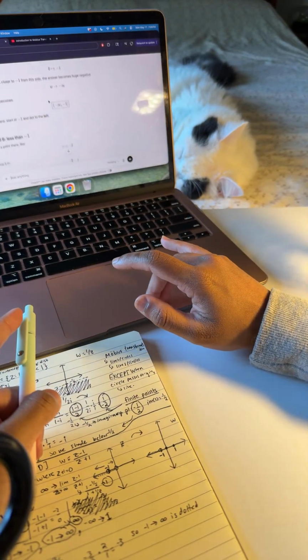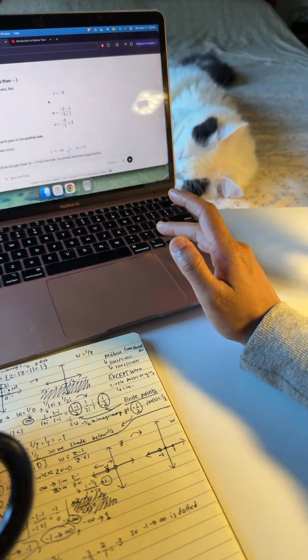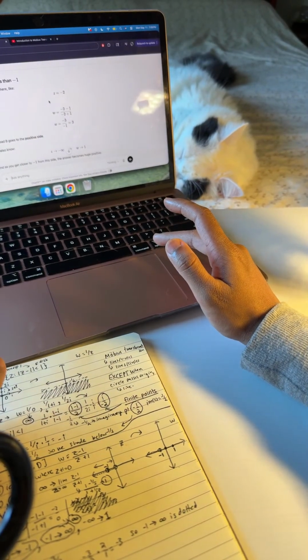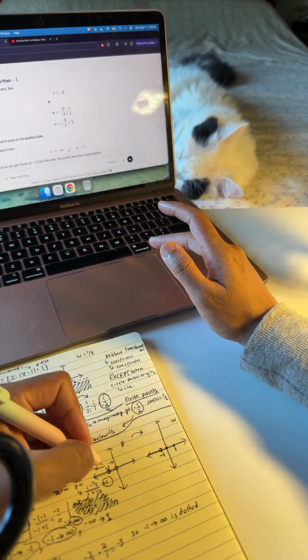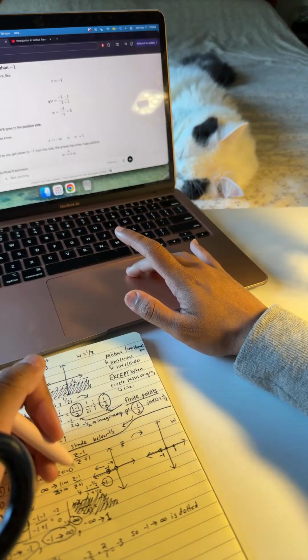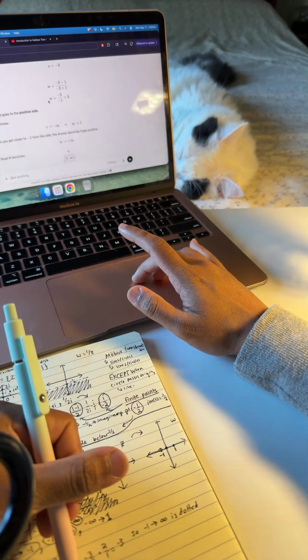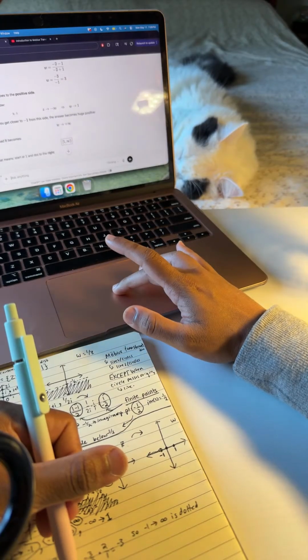So road A becomes -infinity to -1. Road B is less than -1. So that's like this side. So pick a point there, like -2, and then it goes to 3. So road B goes to the positive side.